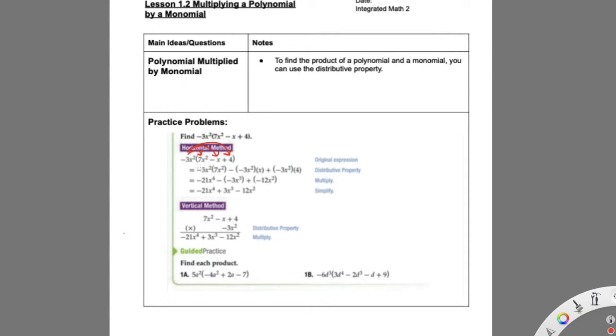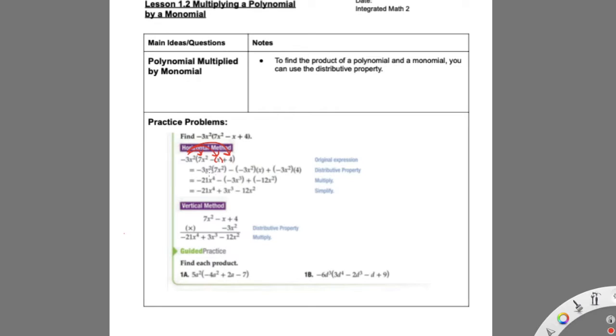Negative 3x squared times 7x squared. Negative 3x squared times x, and they did the minus out in front here. And then negative 3x squared times the 4 on the end. So we can see the negative 3x squared happening 3 times. It's being multiplied by all 3 pieces of that trinomial.